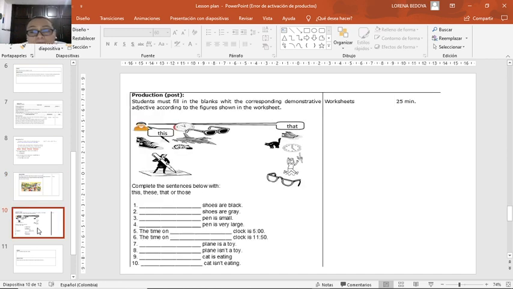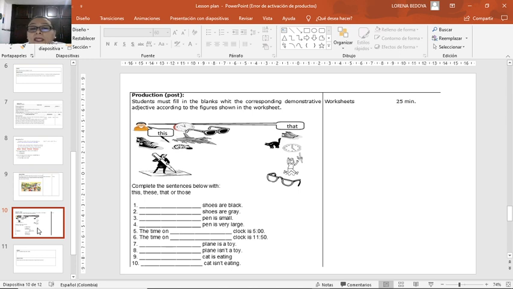And the production. A student must fill in the blank with the corresponding demonstrative adjective according to the figures chosen in the worksheet. The teacher brings some worksheets to the students, and that worksheet has some objects, animals, and persons.